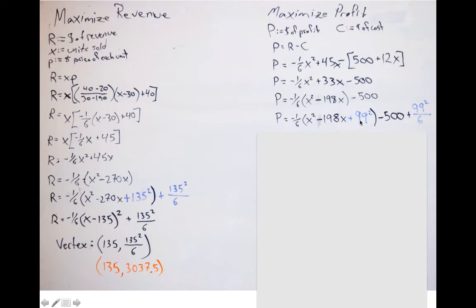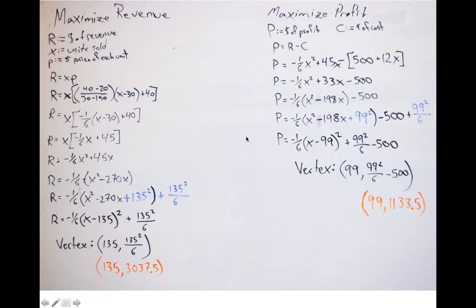I cut this in half, square it, so I get 99 squared. And since that was multiplied by negative 1/6, I'm going to have to offset that by multiplying 99 squared by a positive 1/6 here. And then I put it into my squared form, and I get my vertex where my x value is 99, and my profit now is just over 1133.